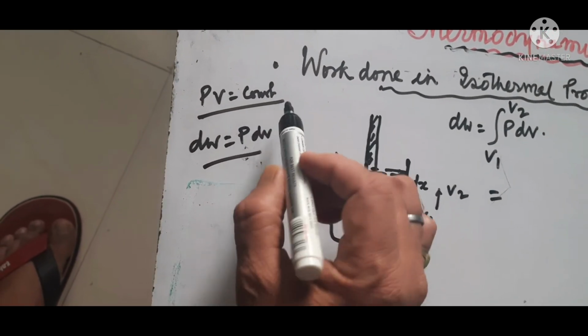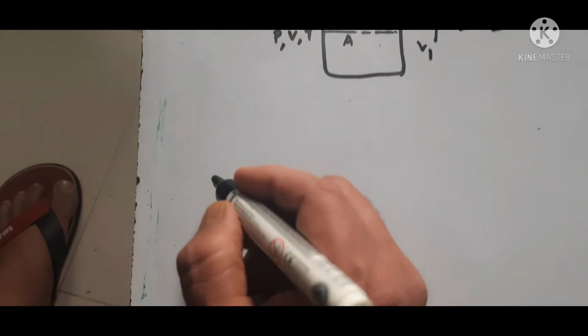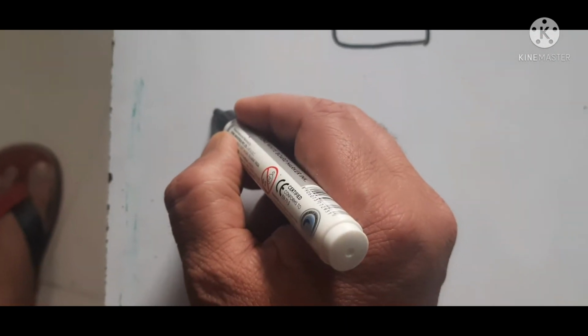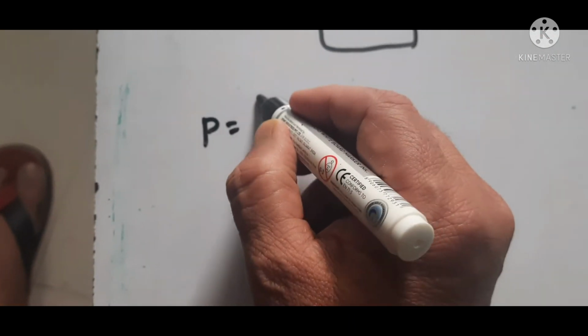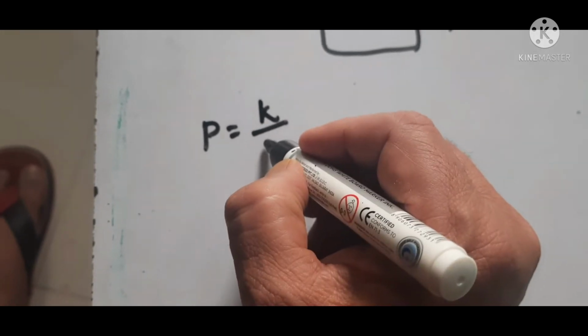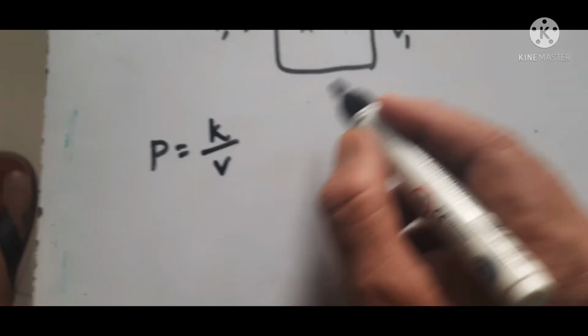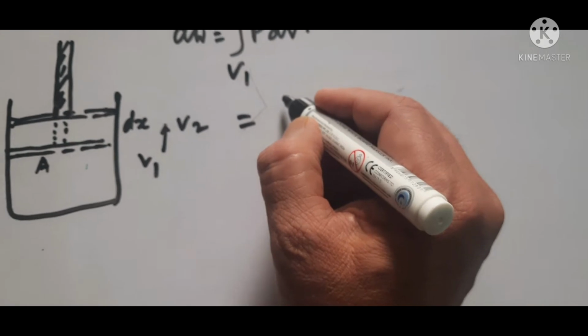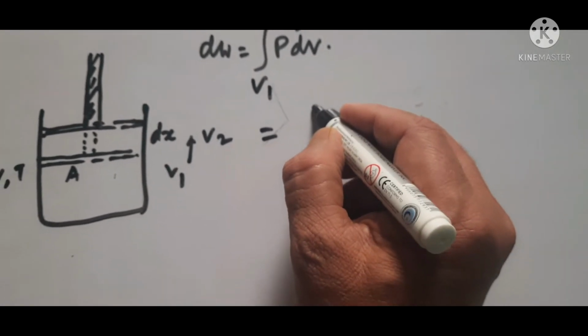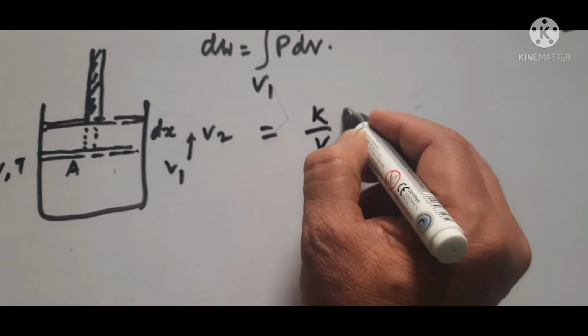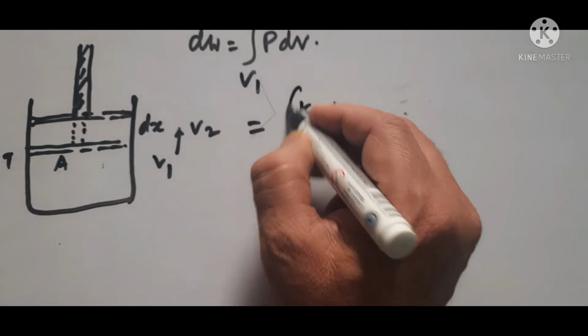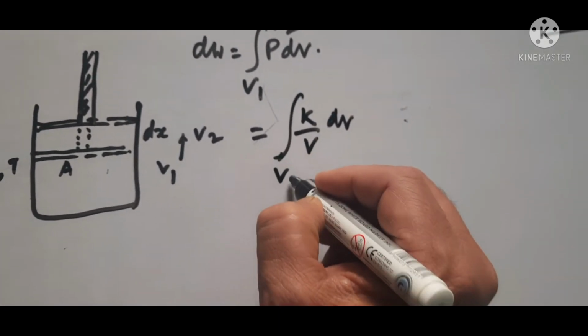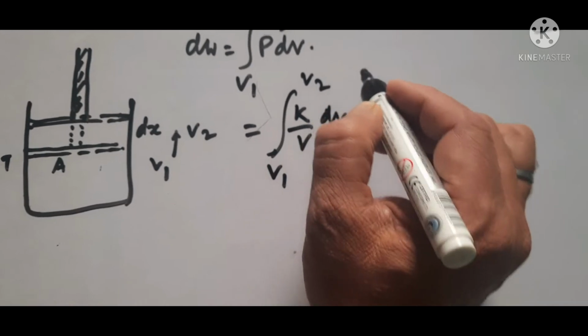PV is equal to constant. So if PV is equal to constant, we can write P is equal to constant, say K, by V. So put this value here. So it is K by V dV, integration with limit from V1 to V2.